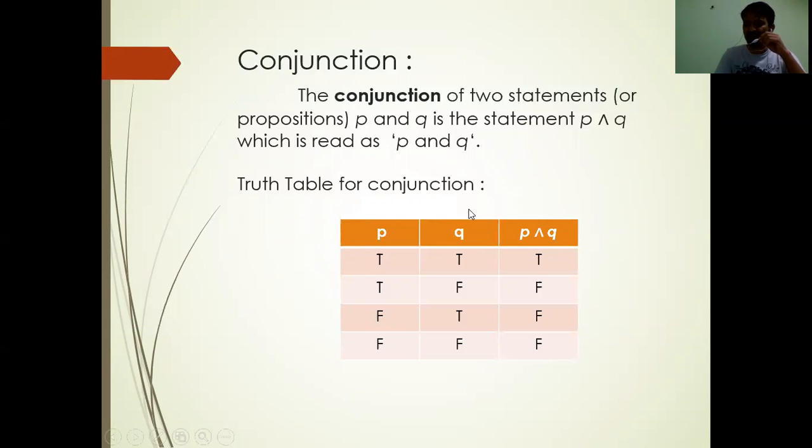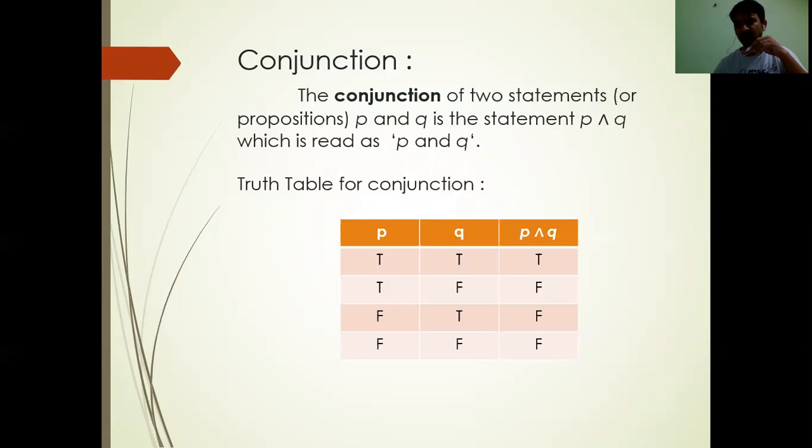In the previous one, I used Delhi is the capital of India and Mumbai is the financial capital of India. There I used the word and. So here P and Q. If it is a conjunction, what is the truth table? What do you mean by truth table?